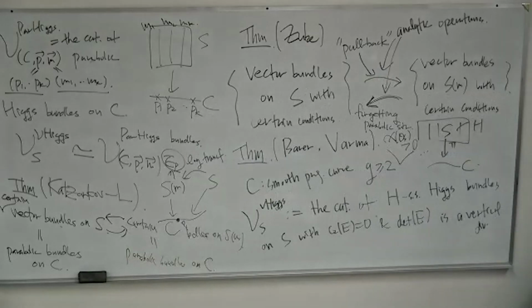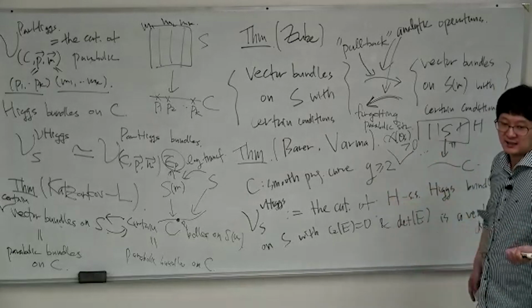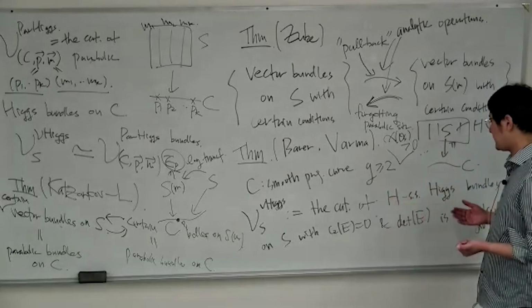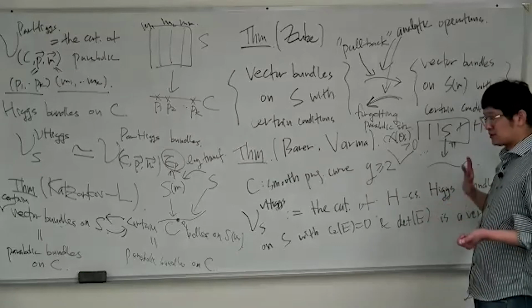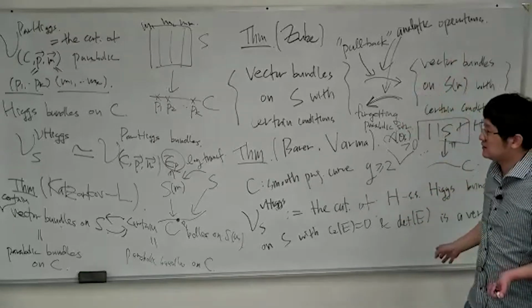Sure. So this equivalence of categories is independent of how you chose H? Yes, we choose H to be sufficiently ample. If I choose my ample divisor to be sufficiently ample with respect to this fibration, then this result holds.